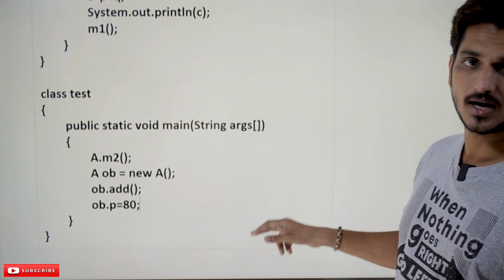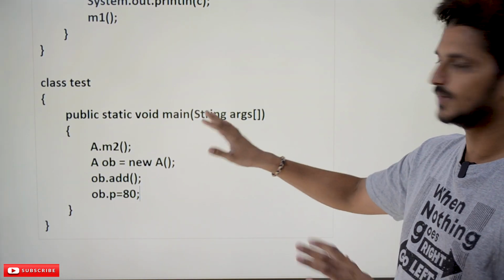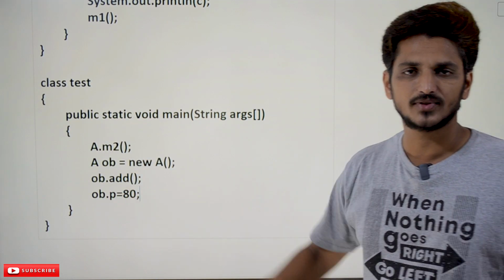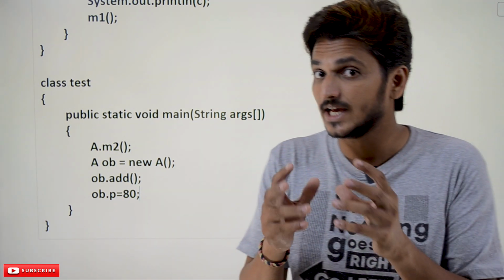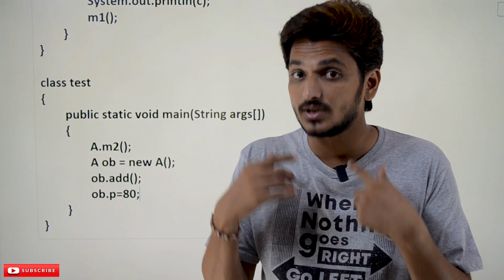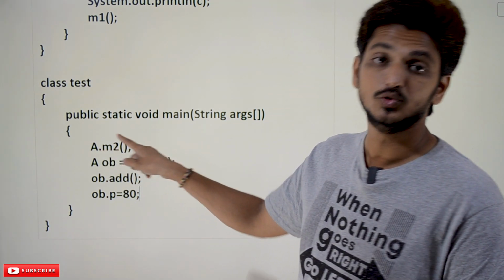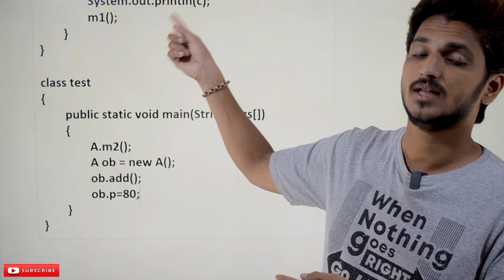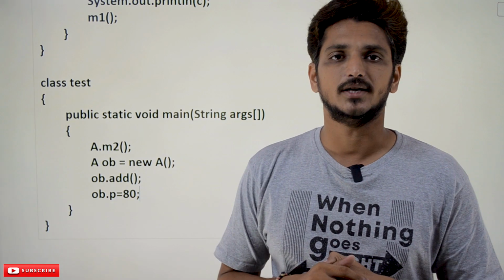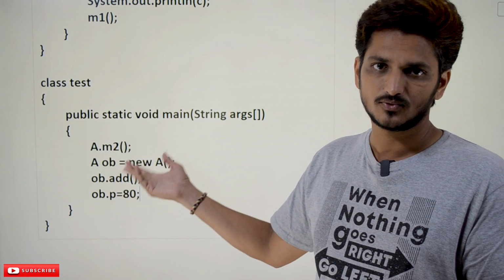Now coming to the class test, public static void main, our execution starts from here. Without creating an object of a class, we can use the static methods present there. So a.m2(), using the class name, we are calling the m2 method. Yes, this works.